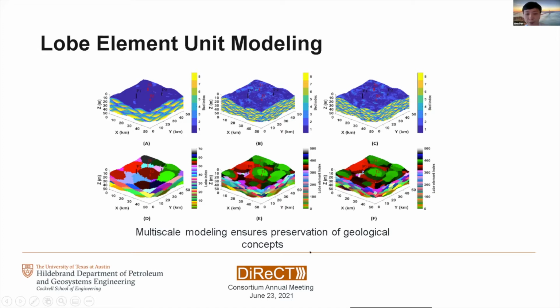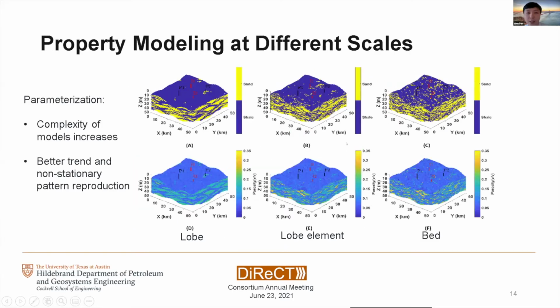In that way, we preserve the geological concepts at different scales. And after we get the architectural, the structural models at different scales, then we can populate our properties with classical geostatistical methods like the variogram-based or MPS-based approach.